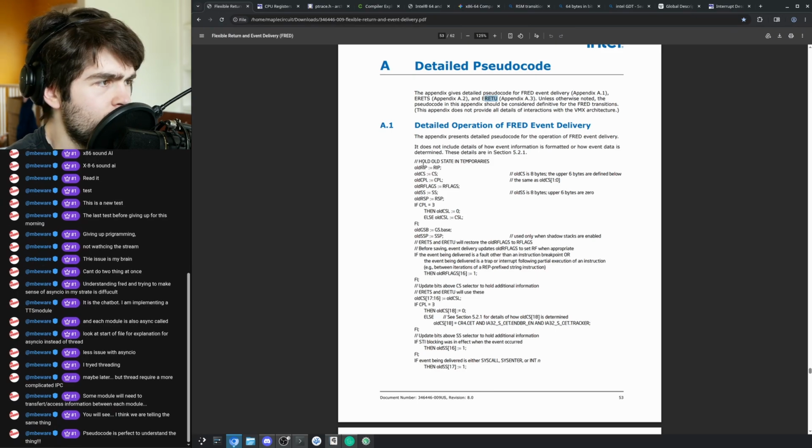Okay, I'm assuming that what they show here is what is done by the hardware behind the scenes. This appendix presents the detailed pseudocode for the operation of FRED event delivery. This does not include the detail of how event information is formatted or how event data is determined. These details are in section 5. Okay, that's where we come from.